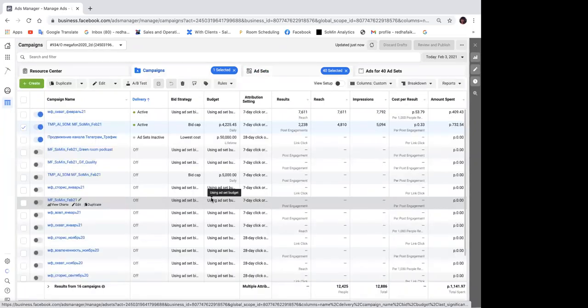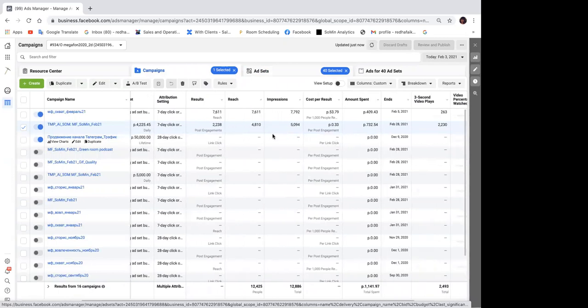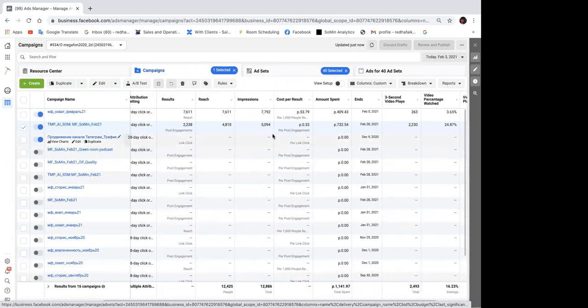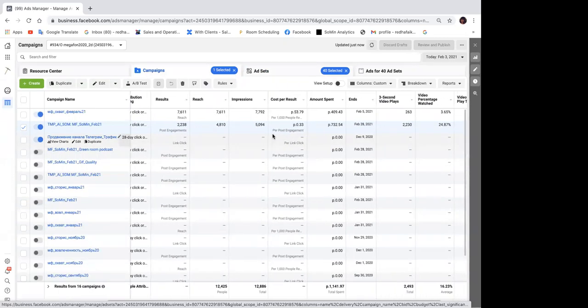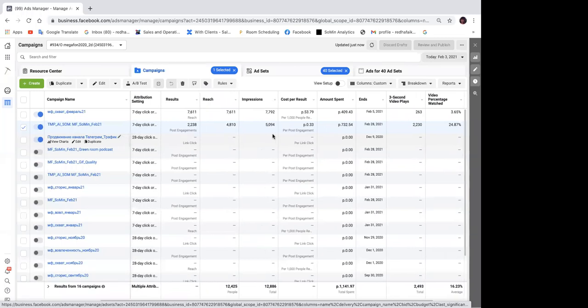How many post engagements has it delivered? 2238, correct. How much money did it spend? 732. How much money are we supposed to spend per day? 1009 today.